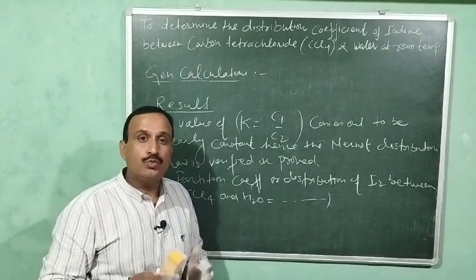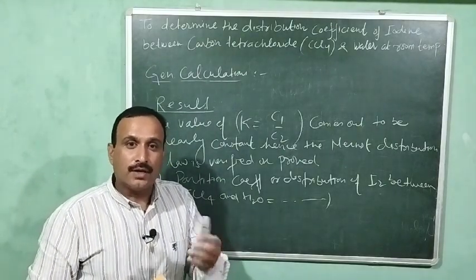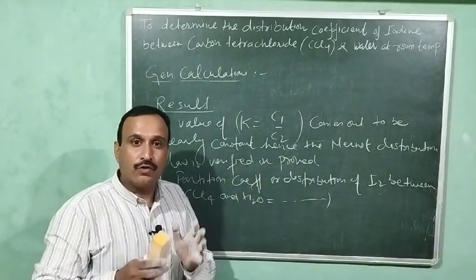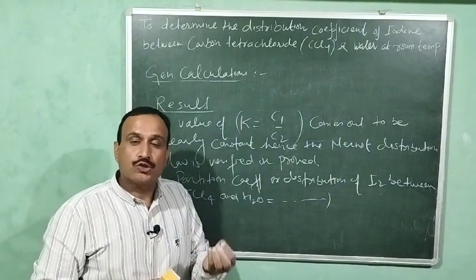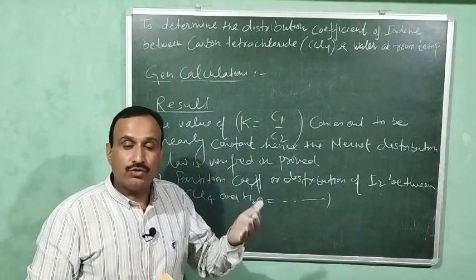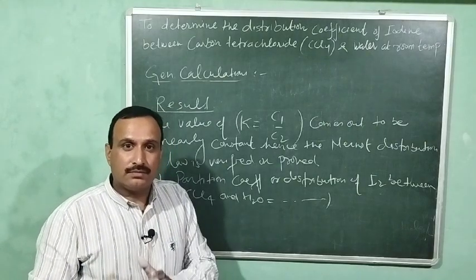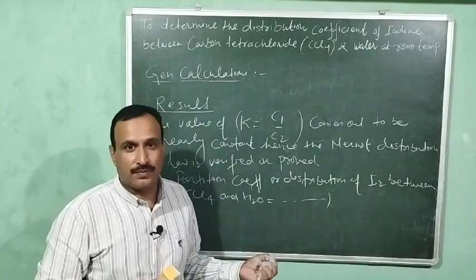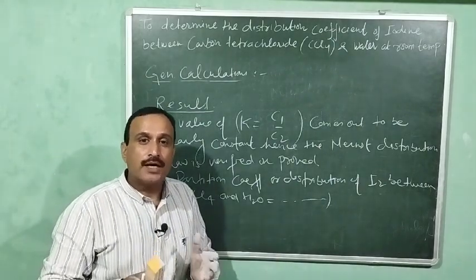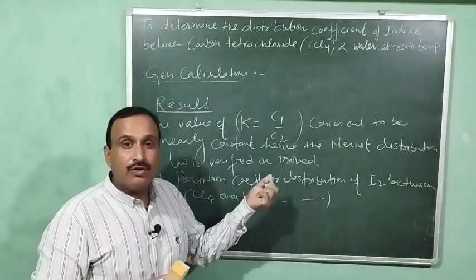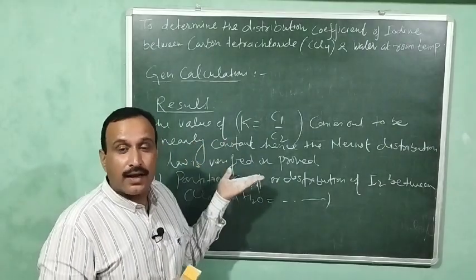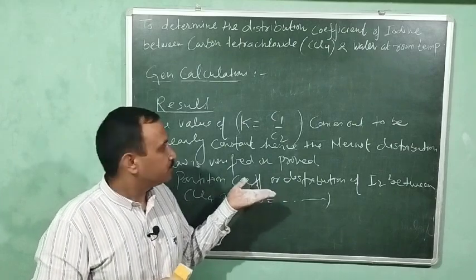I will also explain why we add starch solution late in the titration of your CCl4 layer, क्योंकि हम CCl4 लेयर की जब टाइट्रेशन करते हैं तो हम स्टार्च सोल्यूशन को थोड़ा लेट डालते हैं जब सोल्यूशन आपका पेल येलो या लाइट येलो हो जाता है. लेकिन when we titrate your aqueous layer then we add starch solution in the beginning of the titration. ठीक है, तो ये सारी चीज़ें मैं explain करूँगा in my next video. और मैं ये भी explain करूँगा कि why we used n/10 hypo solution for the titration of your CCl4 layer and n/100 for the titration of your aqueous layer.